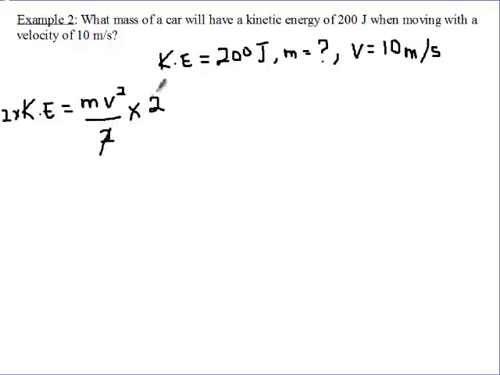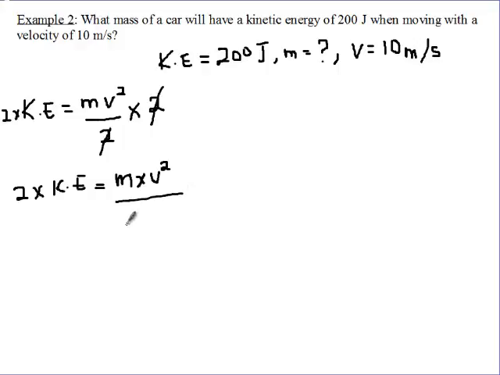These 2's will cancel, and then we are going to get 2KE, 2 times kinetic energy, is equal to our mass times V squared. Okay, we got rid of the 2 by multiplying both sides by 2. Now the velocity is attached to the mass. This time around, it is multiplying the mass, so we do the opposite to it.